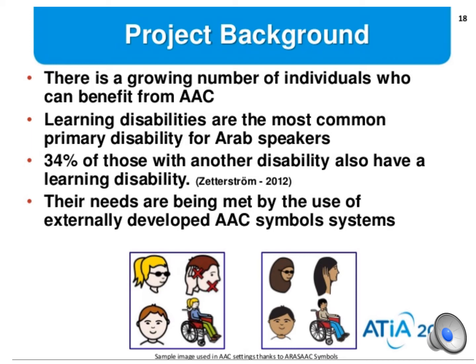Notice the equivalence in the symbol system for this dialect of Arabic and how different they look. When we choose a symbol set to use with students who come from a different cultural background, we can't just take the symbol set that's out of the box, so to speak, and pop it on the device and hand it over to the client.